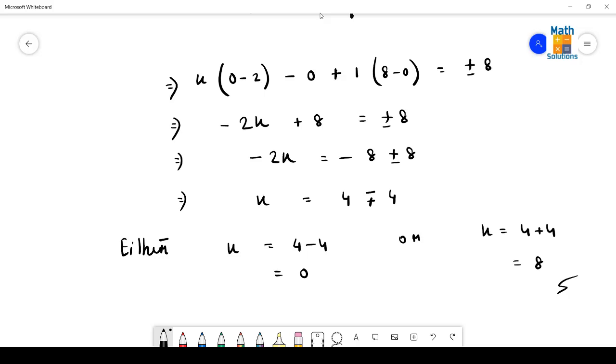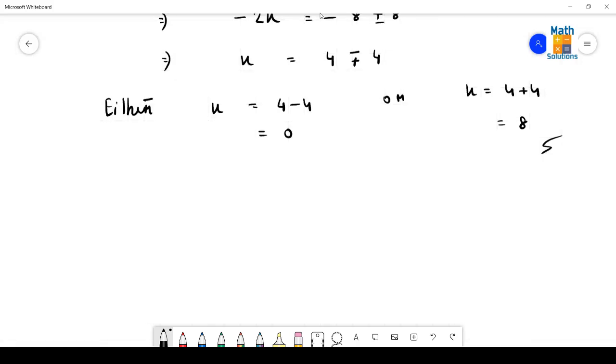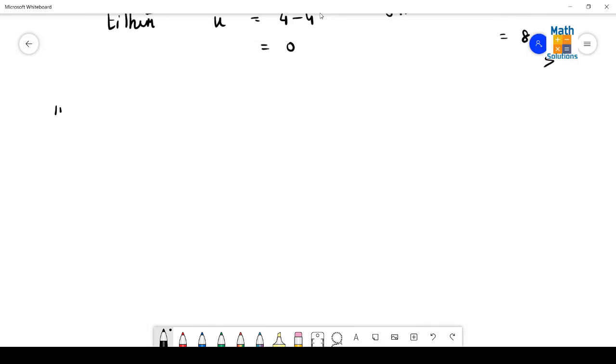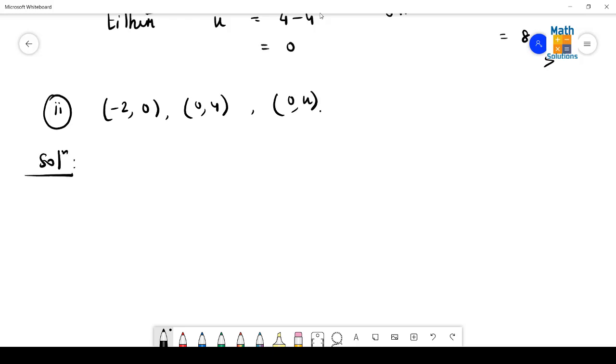Then the second question is under this Roman 2. Area remains same, but the vertices are given to be minus 2, 0, then 0, 4, then 0 comma k. So, coming to the solution part, given area of triangle is equal to 4 square units.